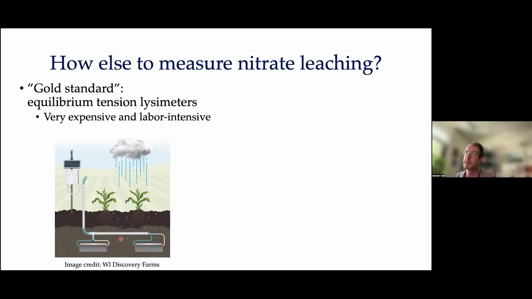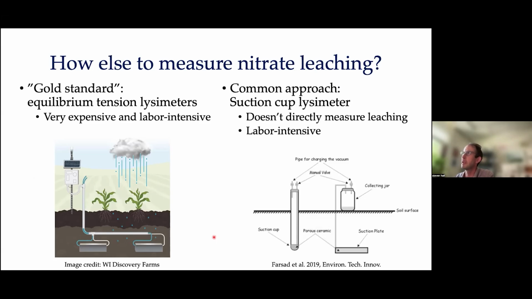Really, the challenge is that these are extremely expensive and labor intensive to actually do. It's difficult to envision how we could do this in the context of something like NOPP, although we've had good luck with colleagues in Discovery Farms who have done this in a number of other places across the state.